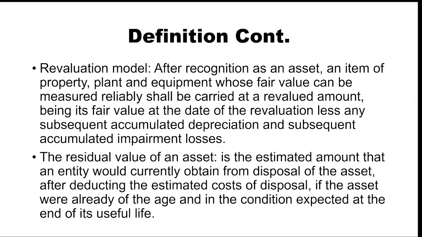After recognition as an asset, an item of property, plant and equipment whose fair value can be measured reliably shall be carried at a revalued amount, being its fair value at the date of the revaluation less any subsequent accumulated depreciation and subsequent accumulated impairment losses. So that is the revaluation model.